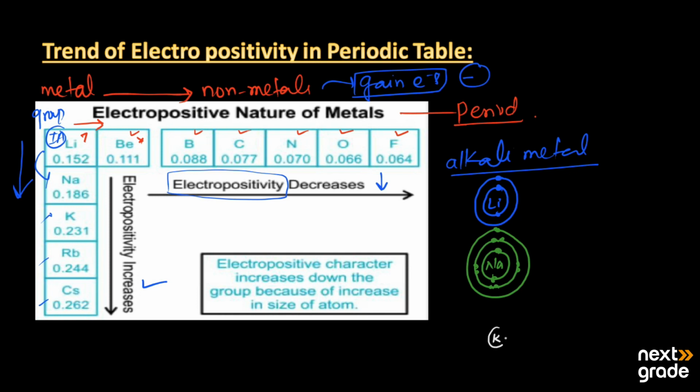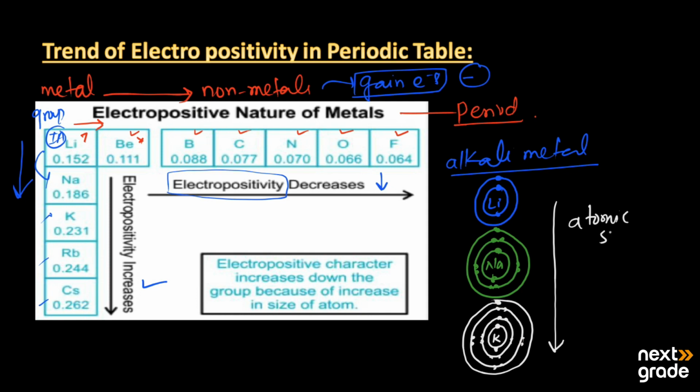Potassium contains 2 electrons in the first shell, 8 electrons in the second shell, 8 electrons in the third shell, and 1 electron in the last shell. When we move from top to bottom, you can see that the atomic size increases. Lithium has 2 shells, sodium has 3 shells and potassium has 4 shells, so the number of shells is increasing.